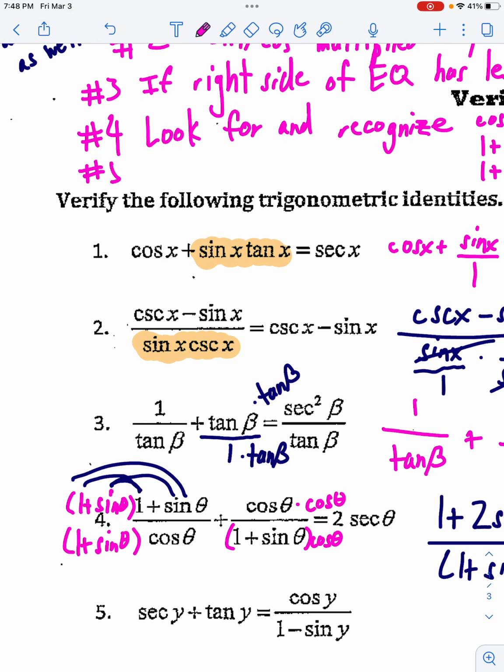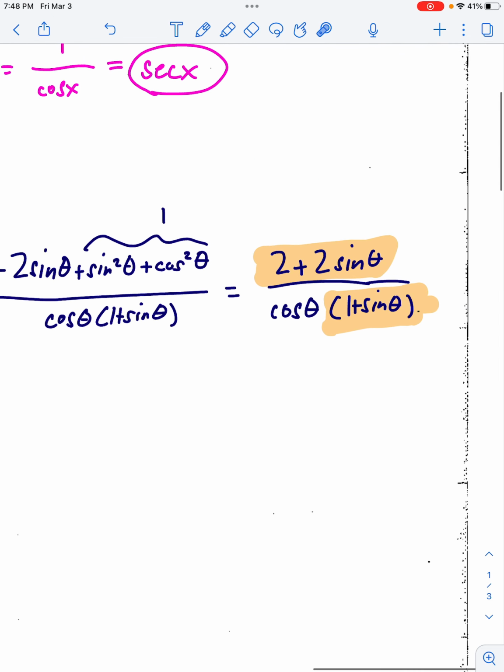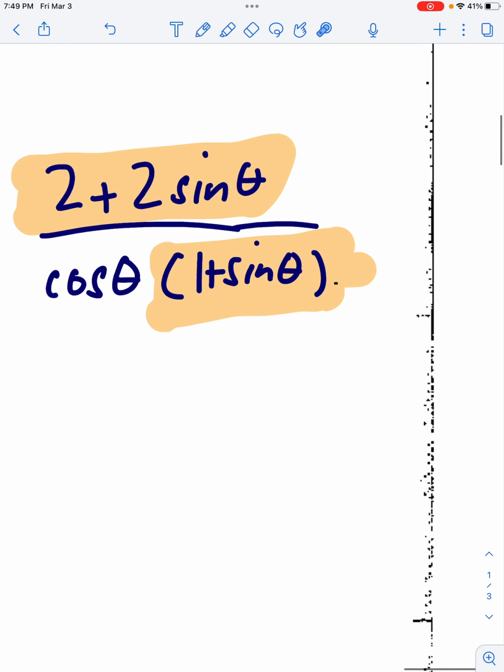Factor when you see a match. They give you a lot of low-hanging fruit with number 5 here, okay? So I almost see a match. I see there's 2 2s right here, so I can factor out a 2.